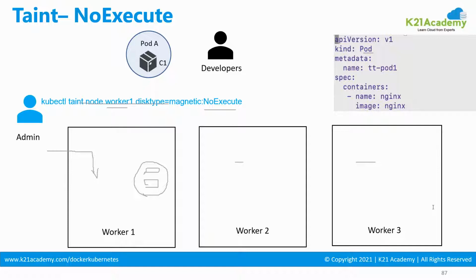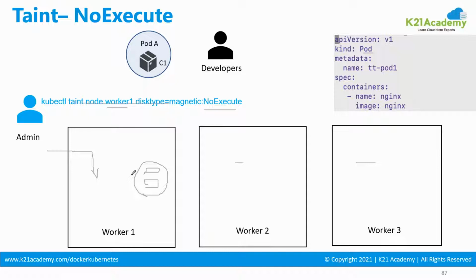Ramesh, can we put it this way? Affinity and anti-affinity are the properties of the pod, where the pod decides where to go, right? And taints are properties of nodes, where the node decides which pods to take. No, the pod will never decide. See, let me tell you one more time.